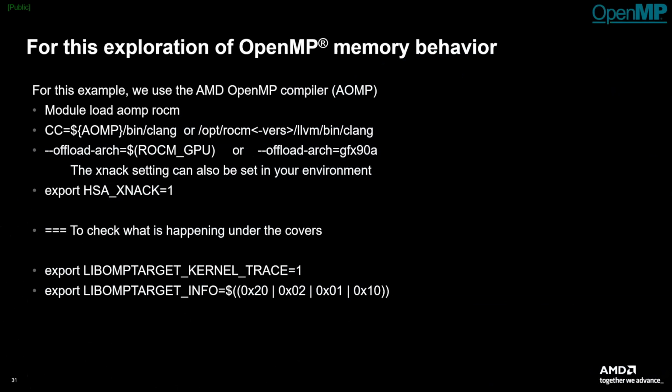Here we're going to use the OpenMP compiler from AMD that is supplied in the ROCm stack. That's located in the ROCm directory under llvm/bin/clang, and then we set the architecture type, and in the 200 series cases it's gfx90a, and then we're going to set that export HSA_XNACK flag, and to track what's happening we're going to use these environment variables to get some debug output.